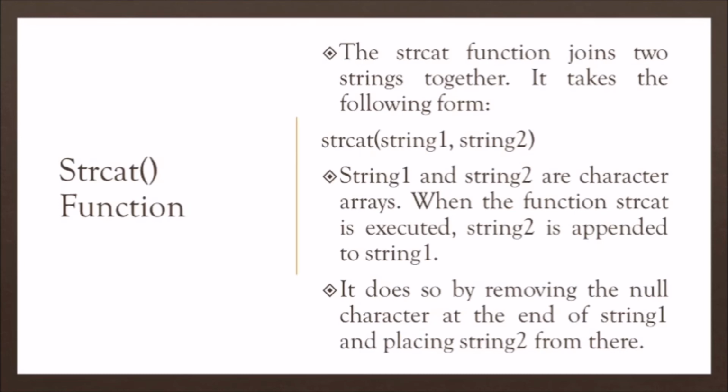So when the function strcat is executed, string2 is appended to string1. It does so by removing the null character at the end of string1 and placing string2 from there. So this function is used for concatenation.